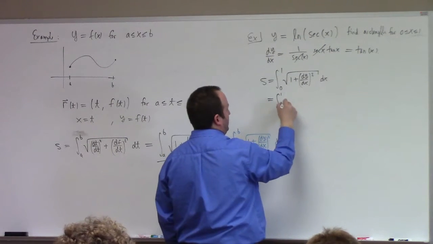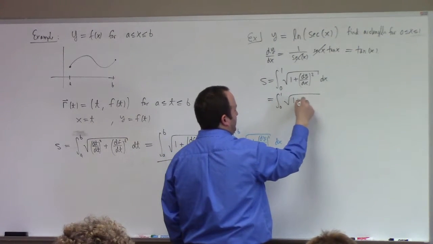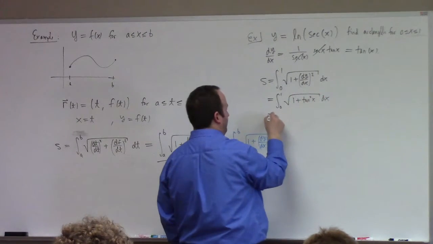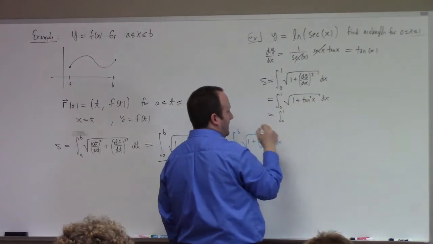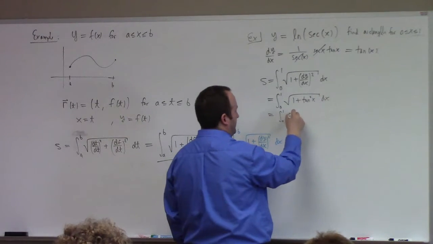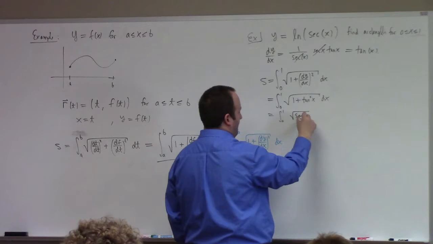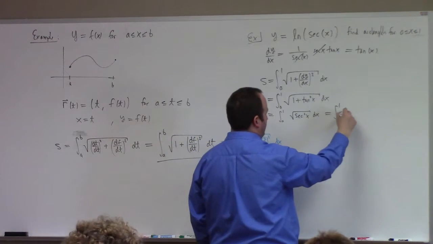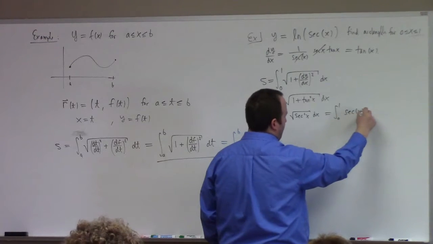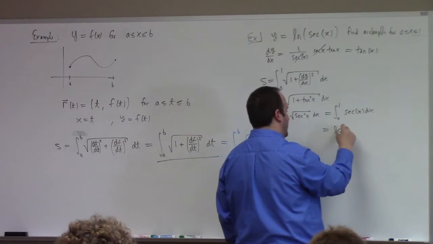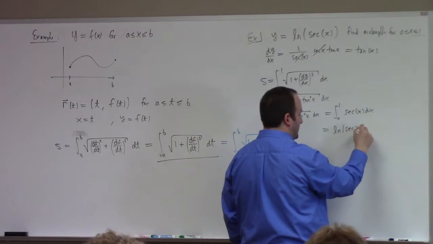It's the integral from 0 to 1 of the square root of 1 plus tangent squared, which is what? That's secant squared, right? So the point is that's actually the integral from 0 to 1 of secant x dx, which we remember is the natural log of the absolute value of secant x plus tangent x.